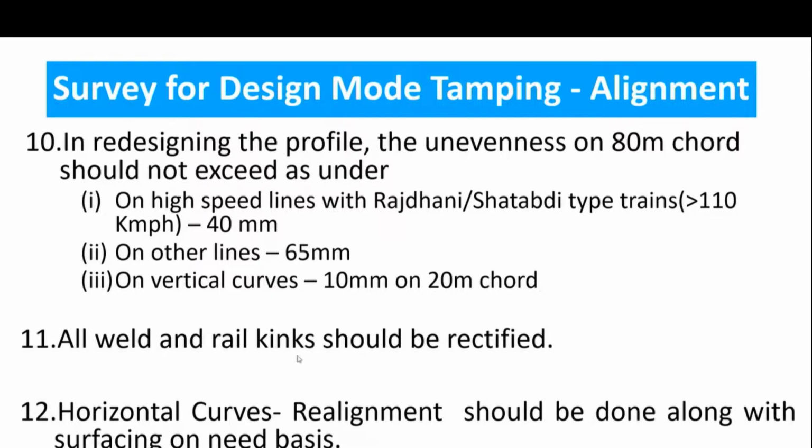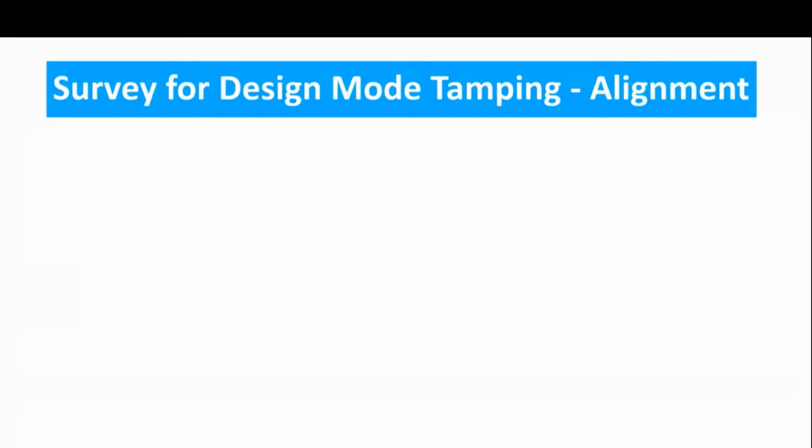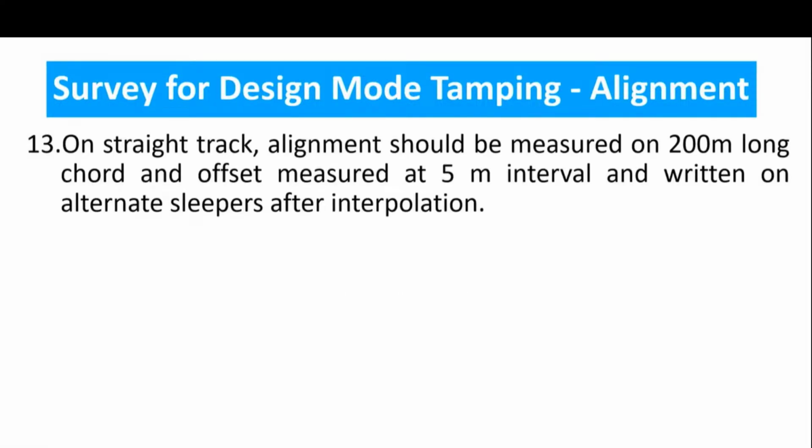This manual provision says that realignment should be done along with the surfacing. Surfacing is profile correction. On straight, alignment should be measured on 200 meter chord, long chord, and offset at every 5 meter interval.